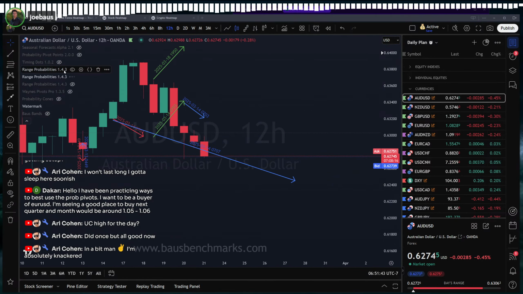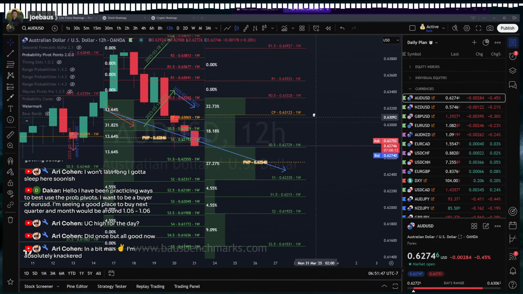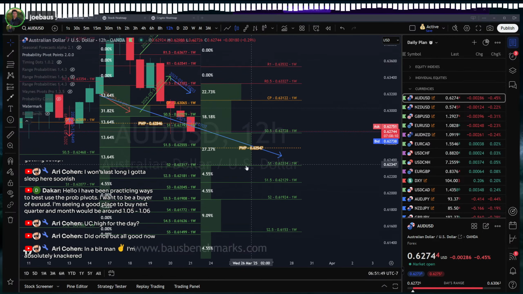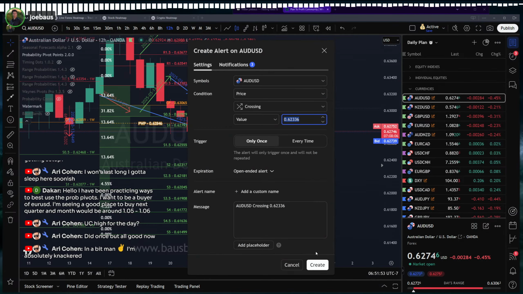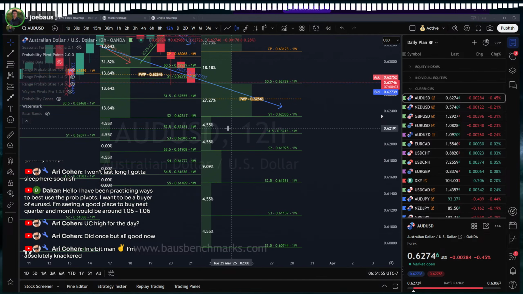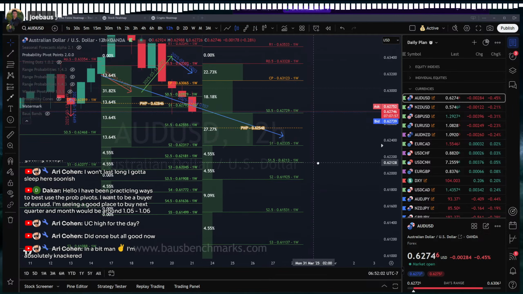So let's go ahead. How about we check out the odds here? Yeah, so I'd be concerned if the Australian dollar went past that S1 pivot. Odds get very thin and very small, and they tail out past that S1.